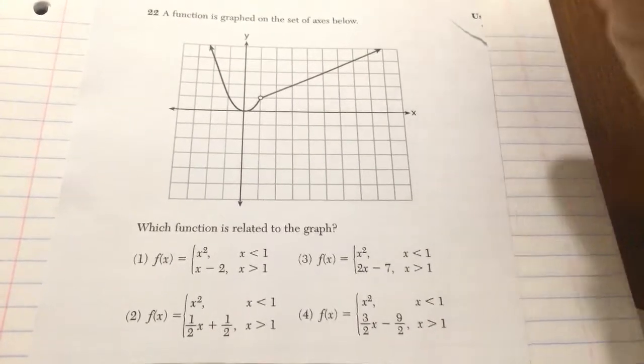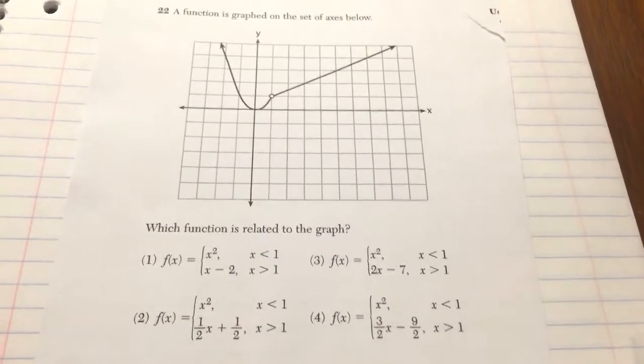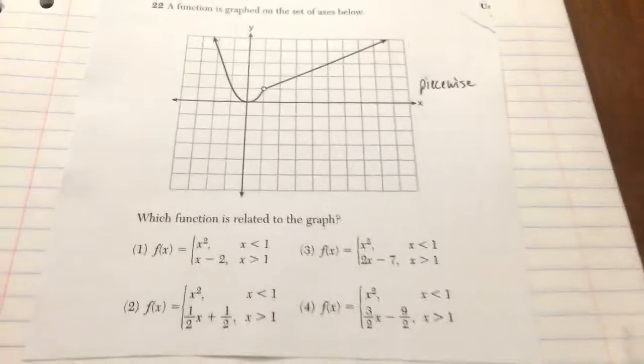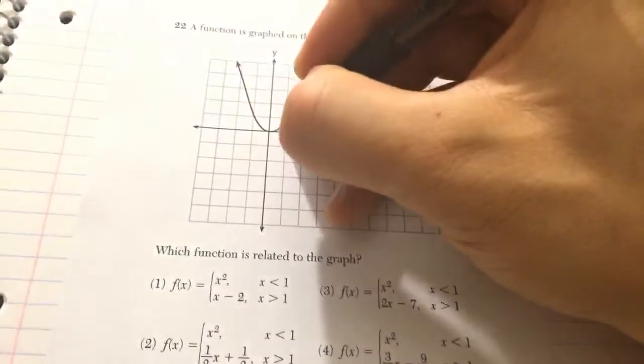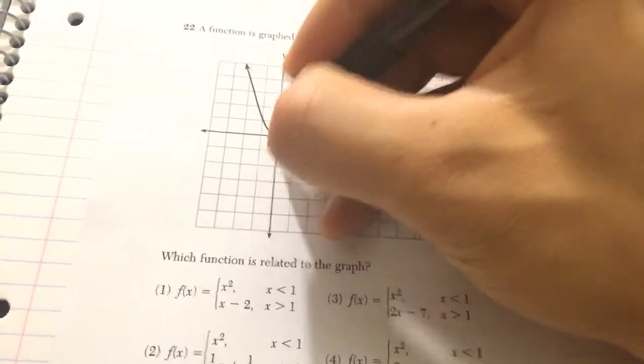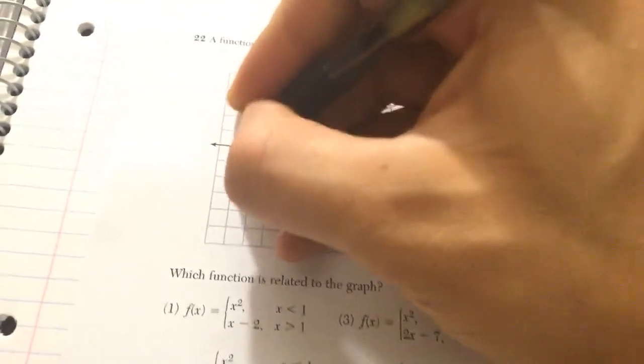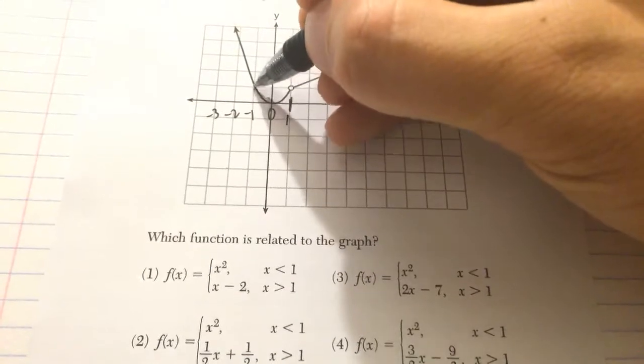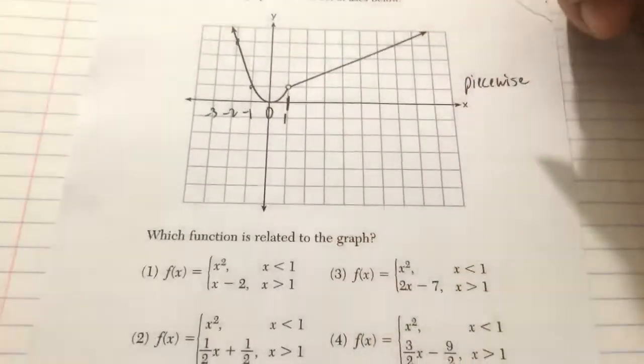Number 22, this function was a piecewise function. From all x values less than 1, this is x is 1, this is 0, negative 1, negative 2, negative 3, we have a parabola. These are all my points here.